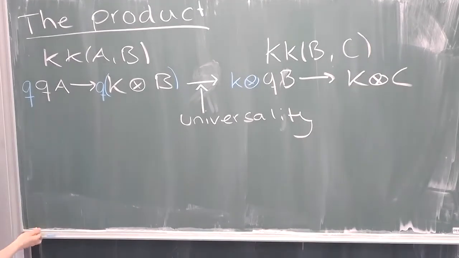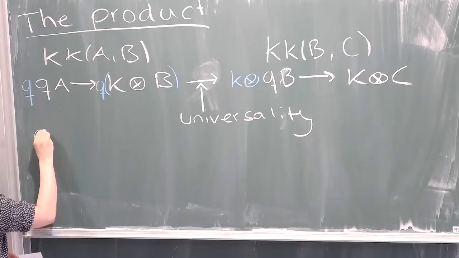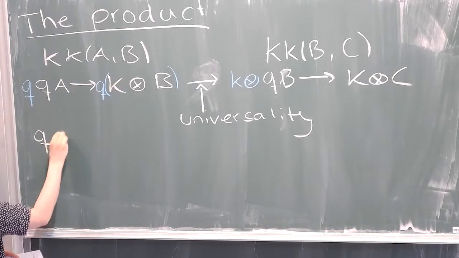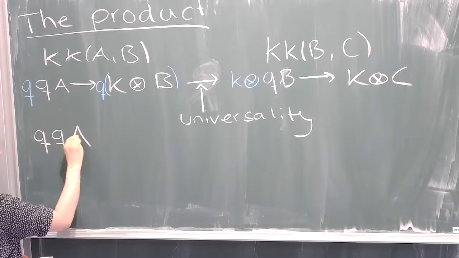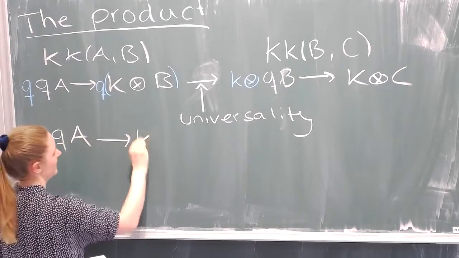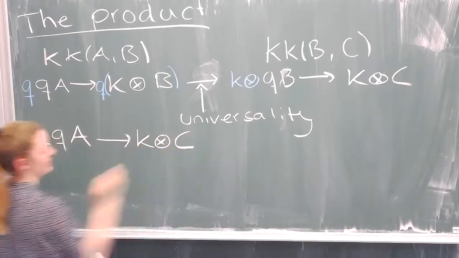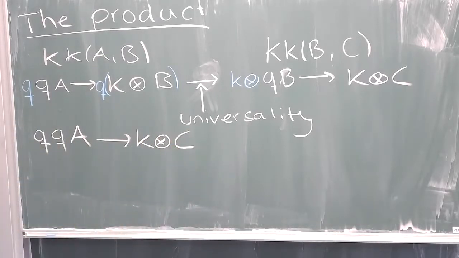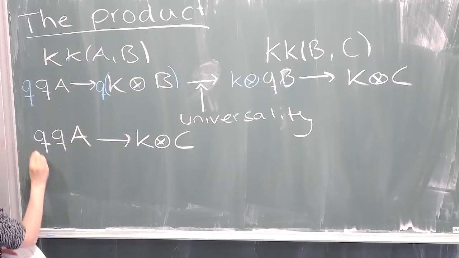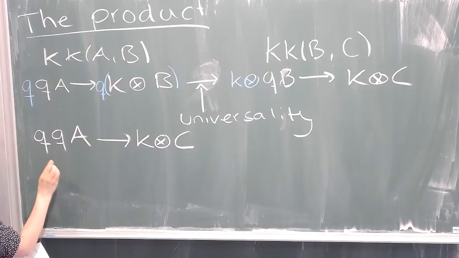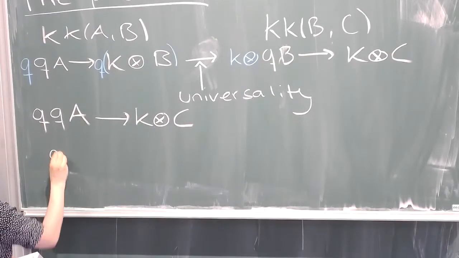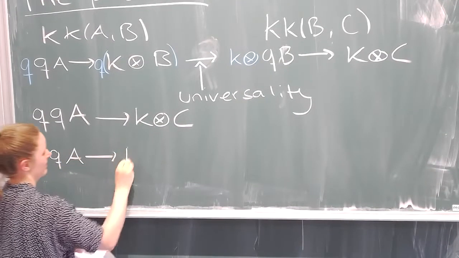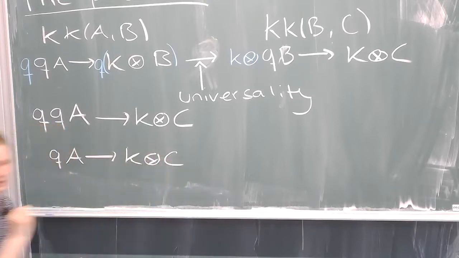So now we have a map from Q, taking Q twice, of A, to K tensor C. So now the technical part lies in showing that we get a map from QA to K tensor C.